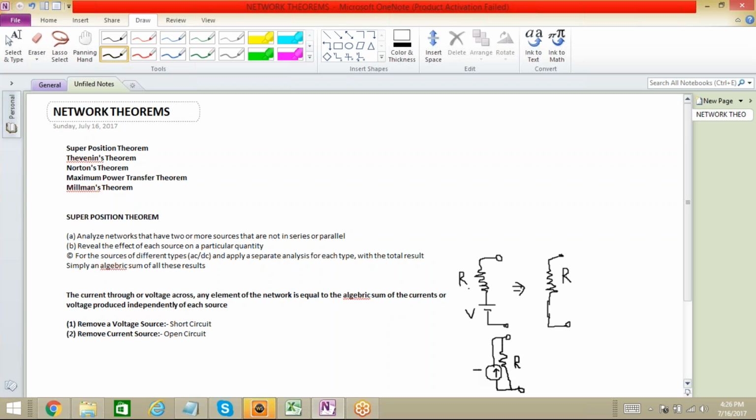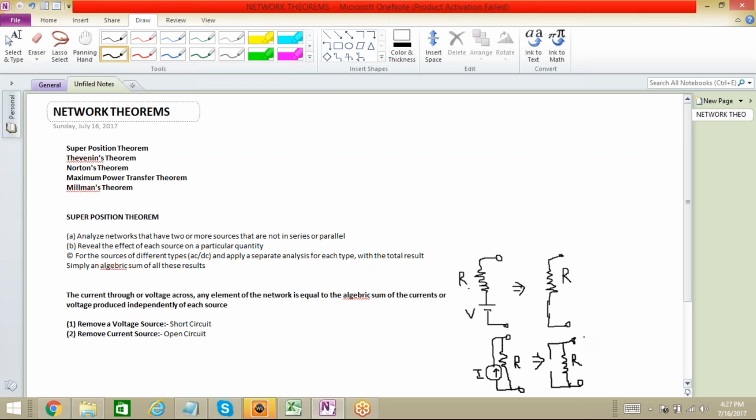Current I is flowing from here. Now, if you remove this current source, it should be replaced by the open circuit. This is now an open circuit, and here the internal resistance will remain the same.